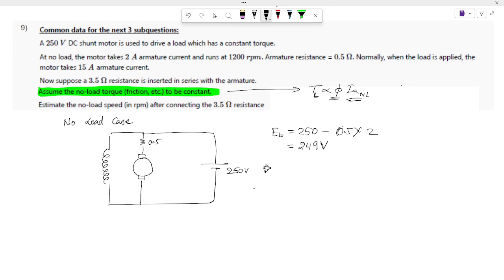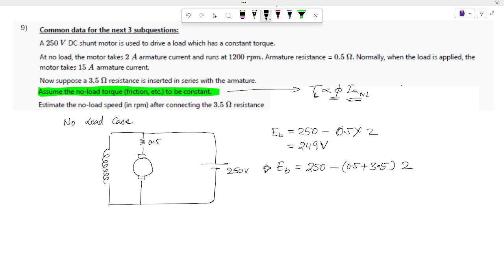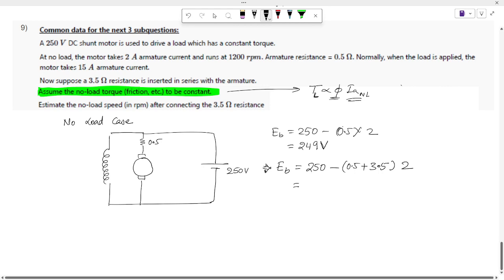Tell what will be the value. Now the resistance is 0.5 plus 3.5. The new back EMF will be calculated with this external resistance. What will be the value?